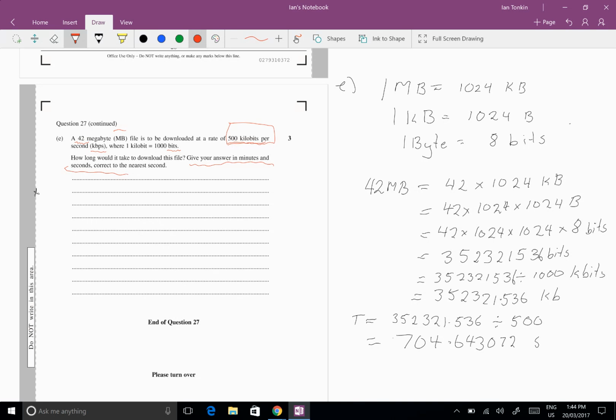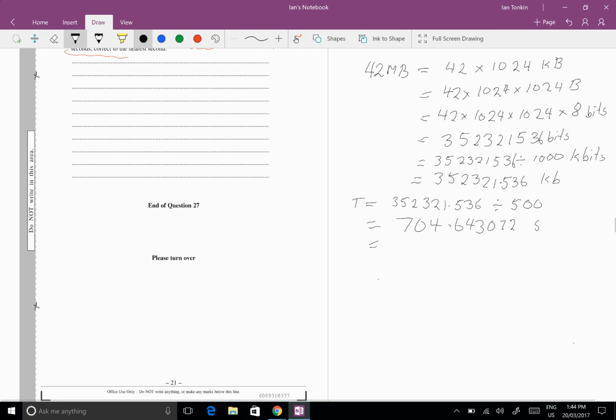But notice that it says give your answer in minutes and seconds. So now I take that and I divide by 60. So 704.643072 divided by 60, and I get 11.744.